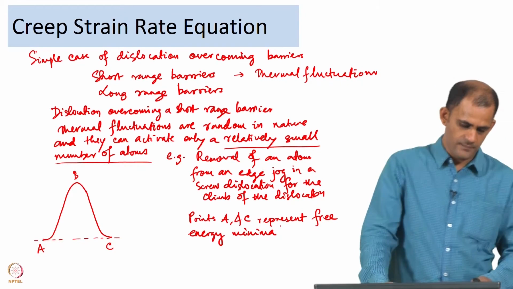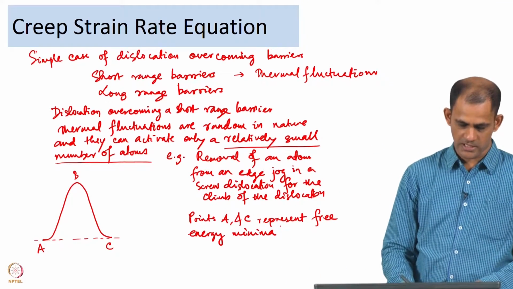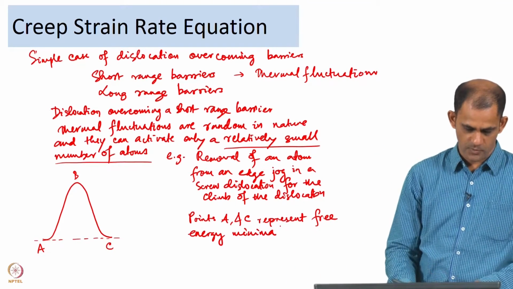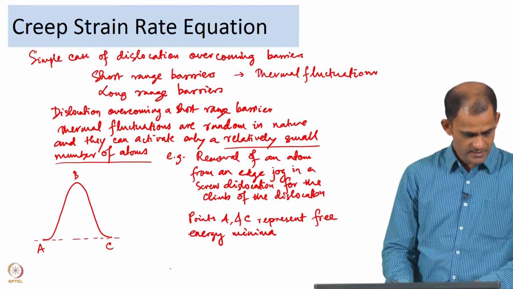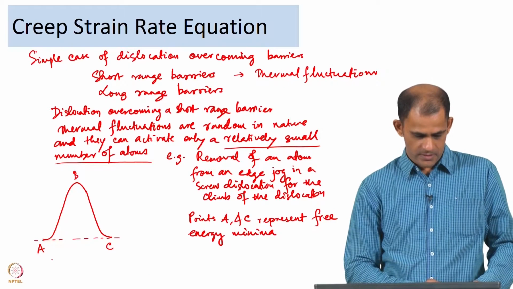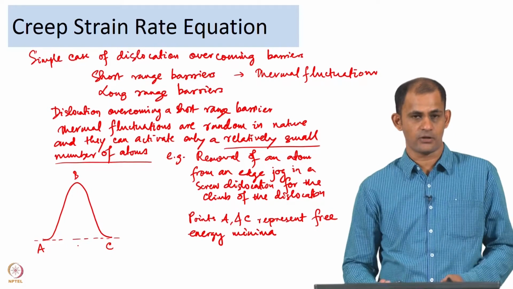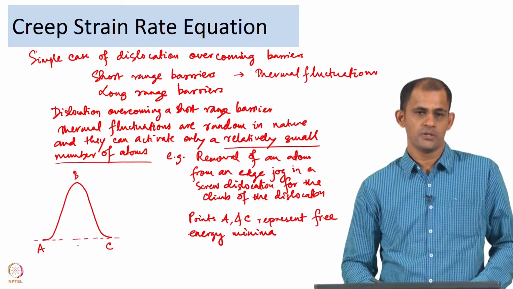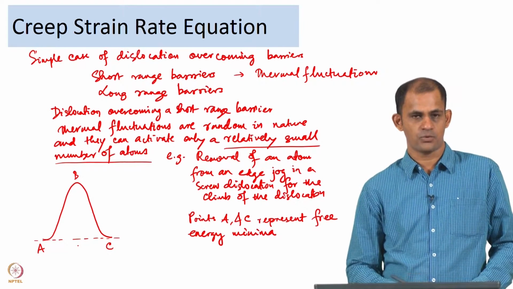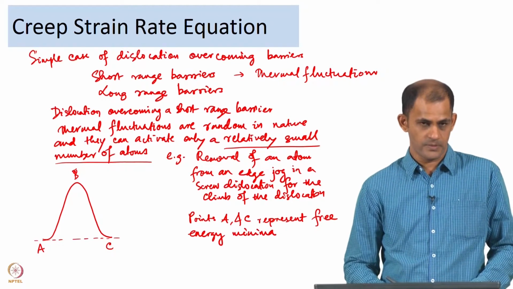So, the dislocation is in a low energy configuration at both points A and C, and it is now trying to go from A to C. In either case it is comfortable, whether it is in A or in C, because the free energy is low, but it has to overcome this energy barrier described by point B.